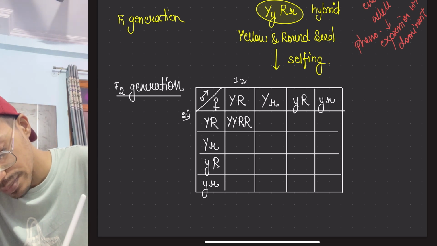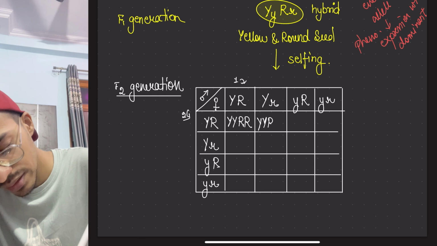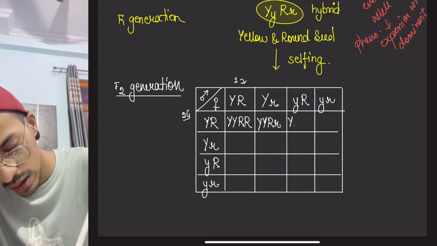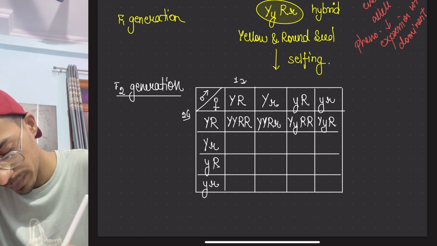Okay, then this will be capital, small, capital RR, capital, small, capital, small.